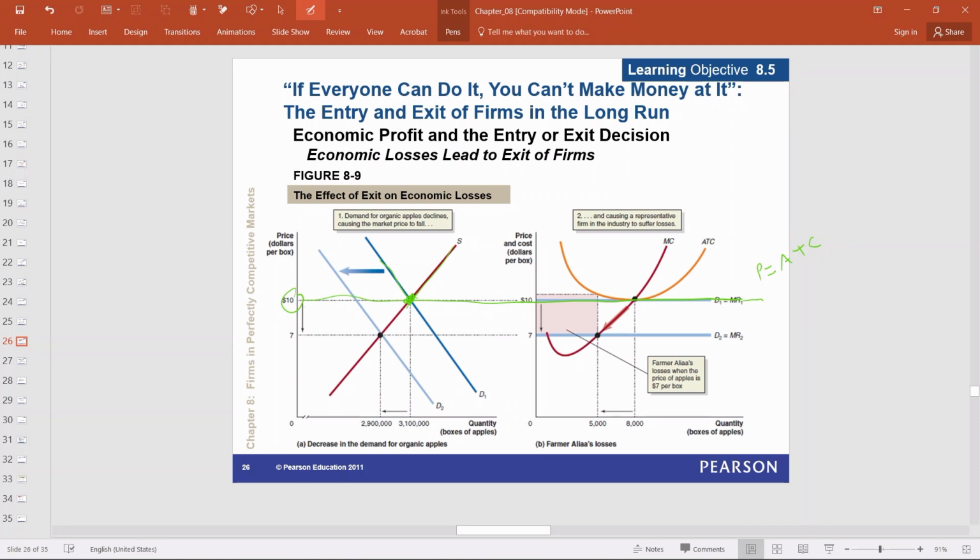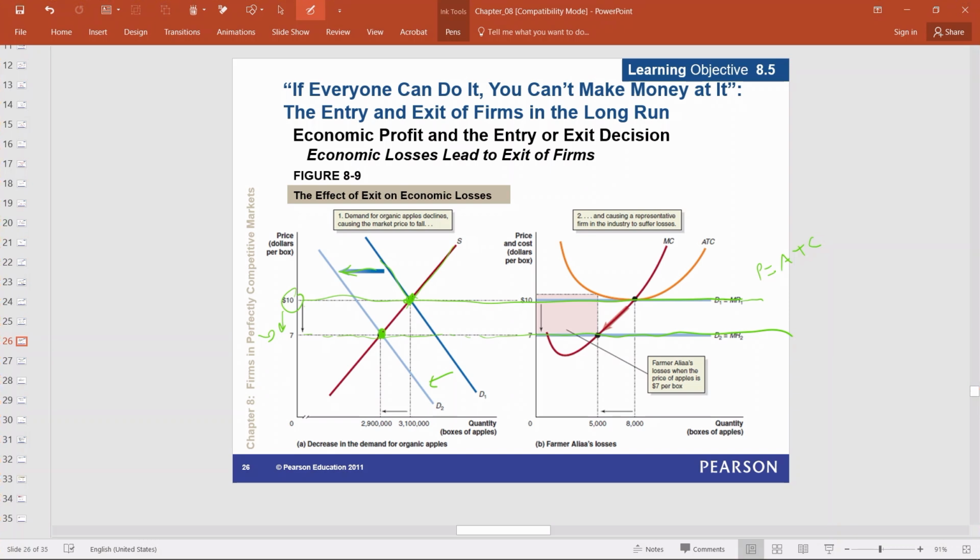But now, because of the shift in the demand curve to the left, this resulted in a new equilibrium point, which is here. So the equilibrium price declined to $7, and at $7 you will find that this company is now making losses. Why?